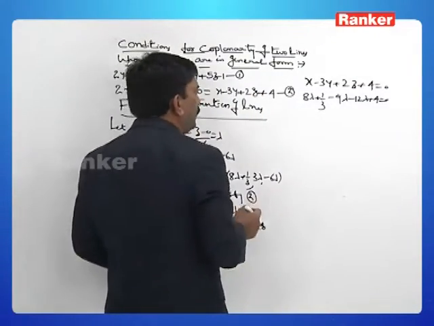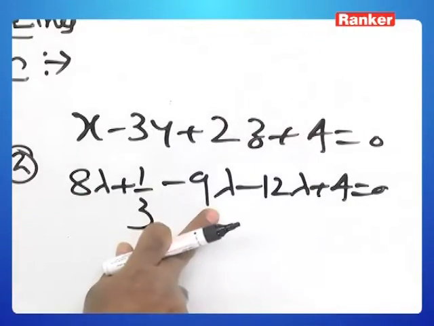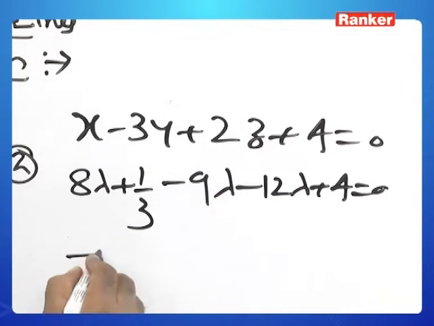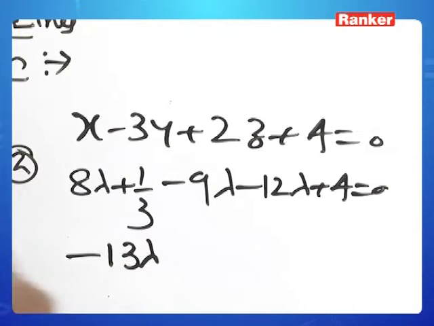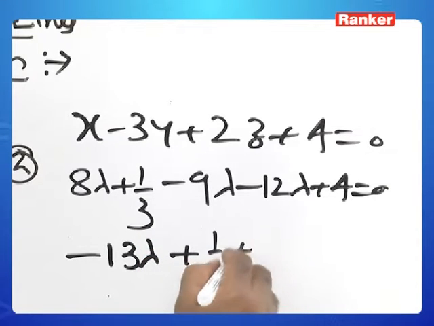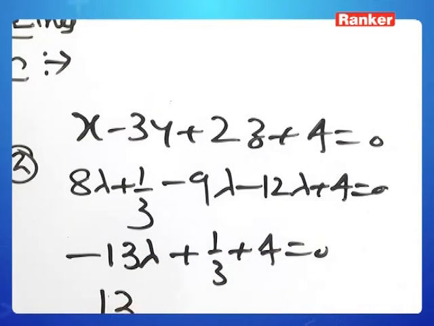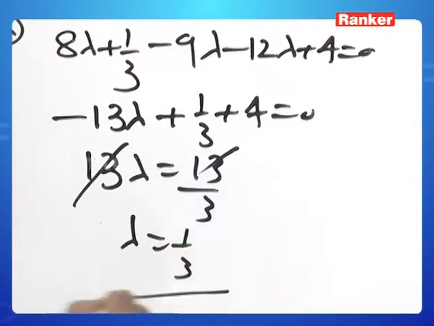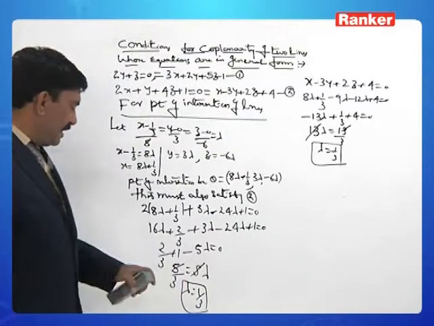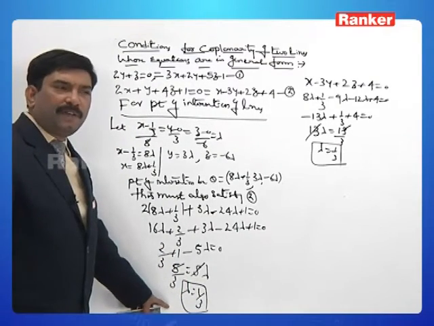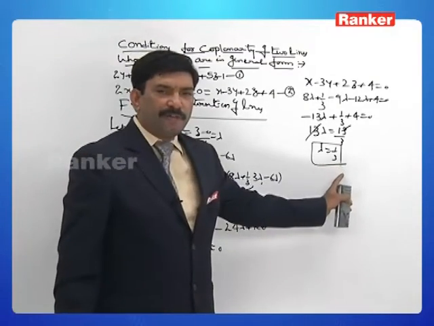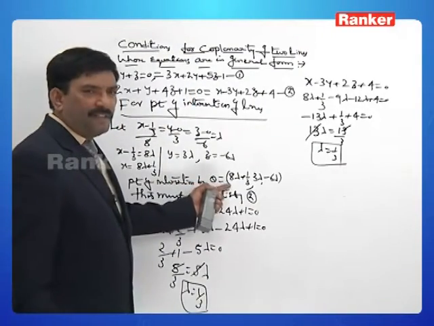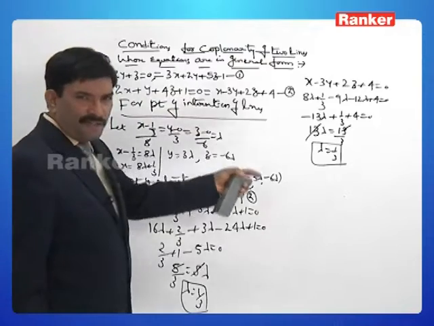Therefore 8 lambda minus 9 lambda minus 12 lambda is minus 13 lambda, and 1/3 plus 4 is equal to 0. So 13 lambda is equal to 13/3, which cancels, therefore lambda is equal to 1/3. Here also lambda is equal to 1/3. It means that this common point is satisfied by the two planes.